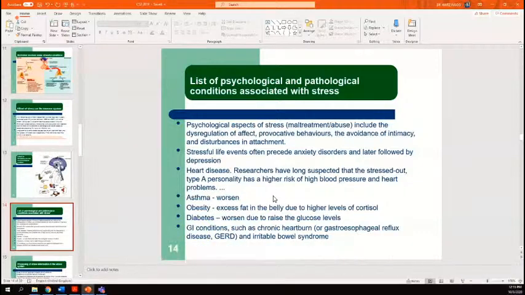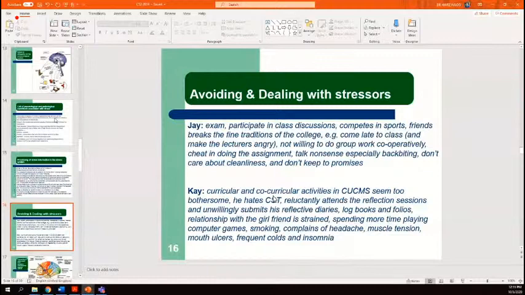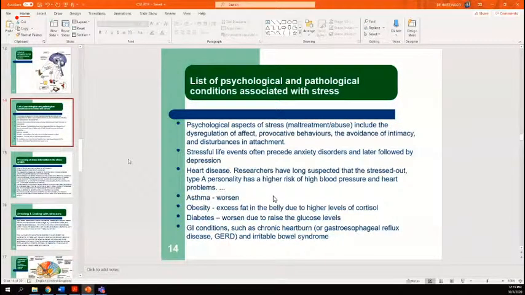Okay, so I'll move on to number 6: list down the psychological and pathological conditions associated with stress. In my slides, I have shown you a slide on the psychological aspect of stress, which we are very clear about.